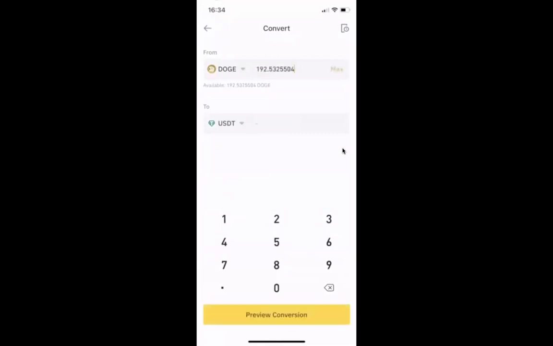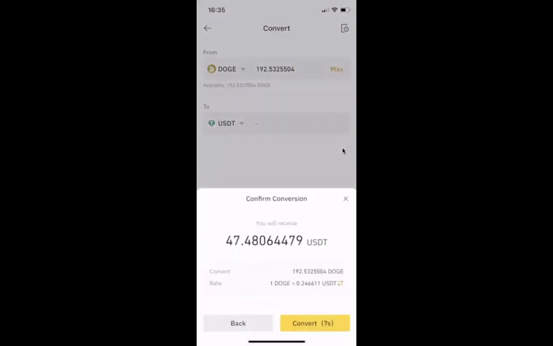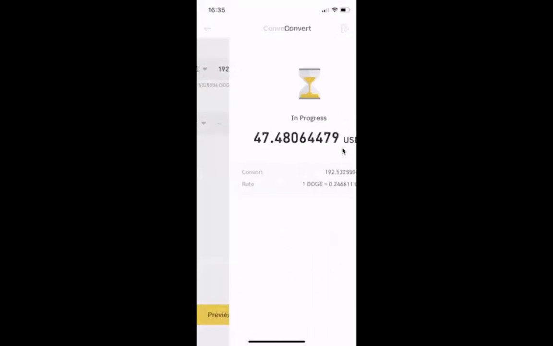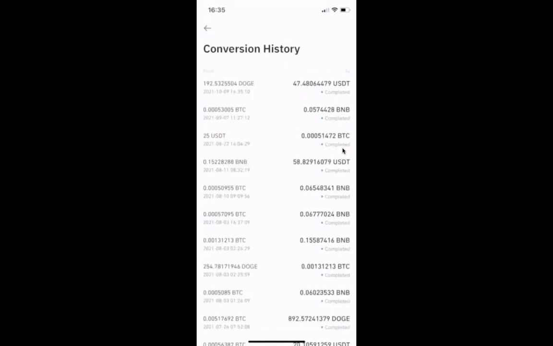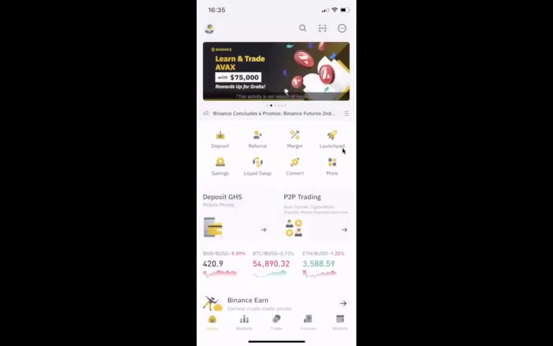Let me use all my Doge. All right, so preview conversion, $47 or 47 USDT, convert. All right, thank you. So we've successfully converted our Doge to USDT.